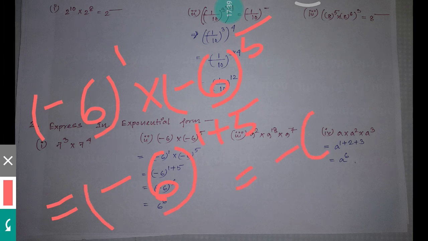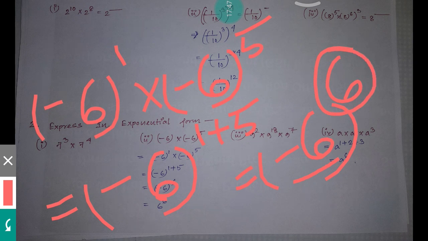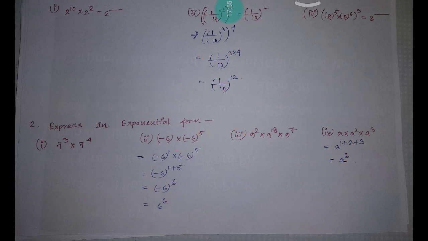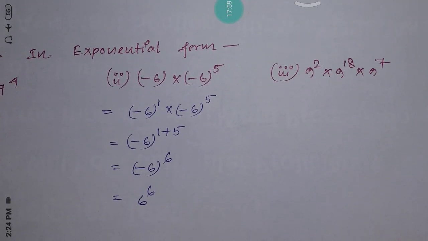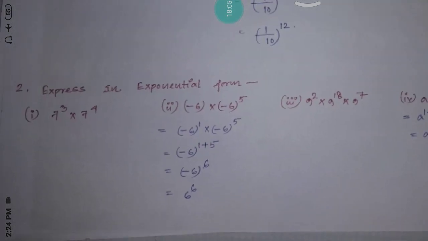That means minus 6 power 6. I have told in the first video that if any negative number is multiplied and the power is even, then it will always be positive, that means 6 power 6. Exponential form, that means your answer will be this one only, 6 power 6. No need to do the multiplication of 6 six times, your answer will be 6 power 6. You have to write the exponent form.